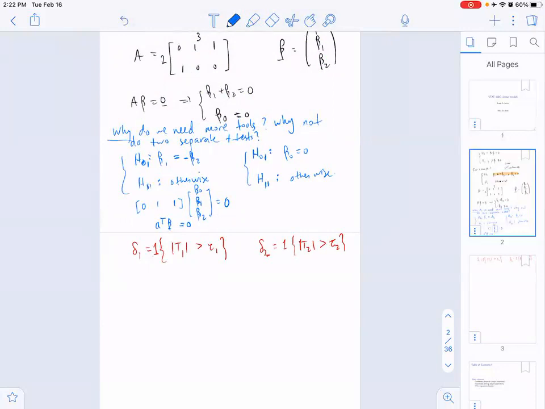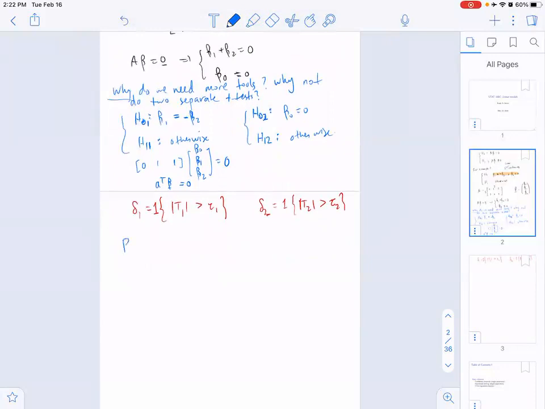Let's say these are designed for H01 and H02. There are two hypotheses and two null distributions, so the second index is the index of the hypothesis. What I design is a test where delta 1 equals 1 with probability alpha under the null.